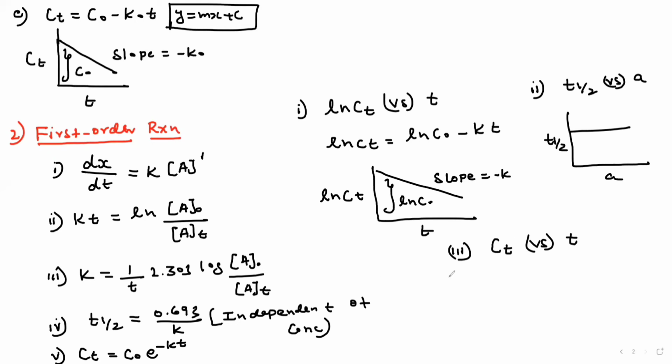In this graph, see what is the equation? Ct is equal to C naught e power minus Kt. This exponential decreases, right? That's why I draw the graph like this. This is Ct. This is t. These are the 3 important graphs for the first order reaction.